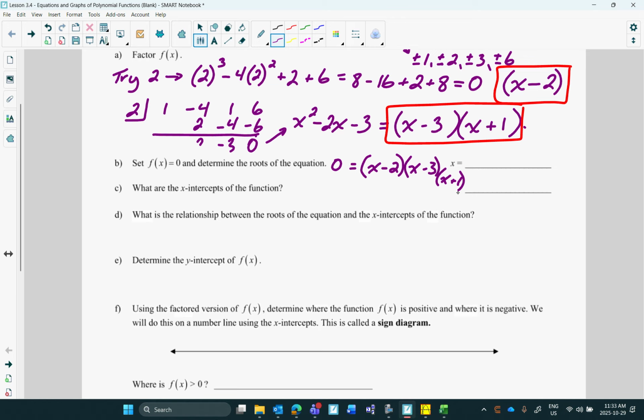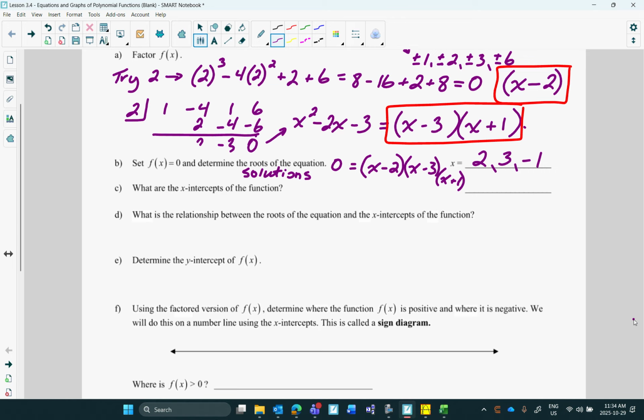Remember how to solve these when they're in factored form? Don't we have to find all the values of x that make this one 0, this one 0, and this one 0? What makes this 0? So that's a solution. Or remember, root means the same as solution. What's another solution? And -1.